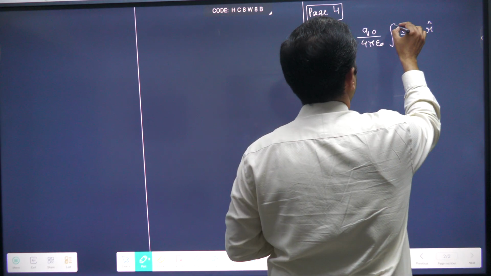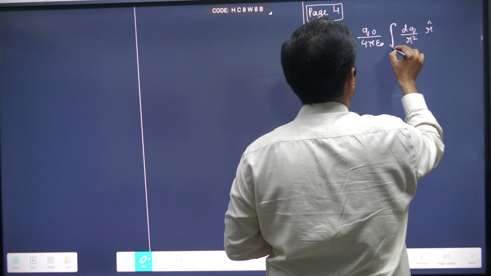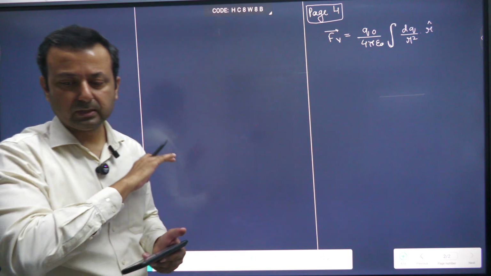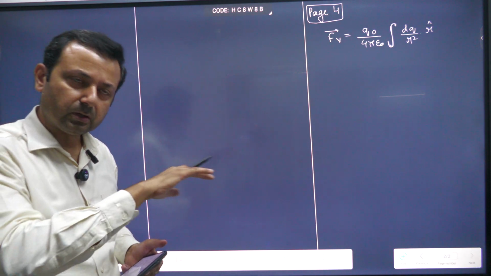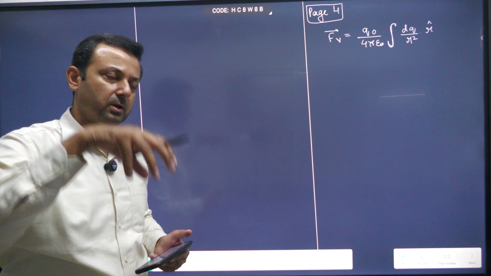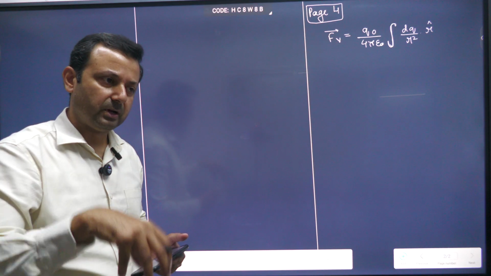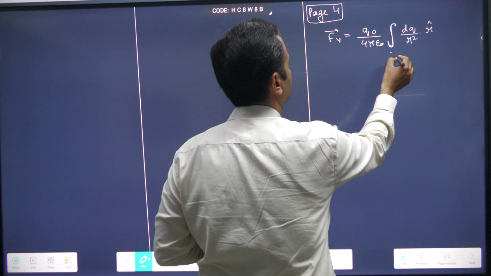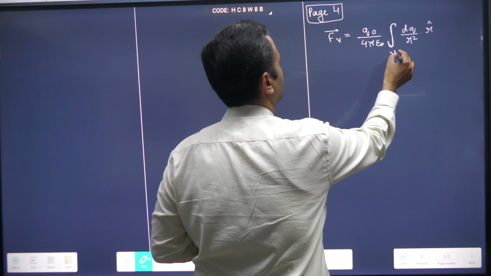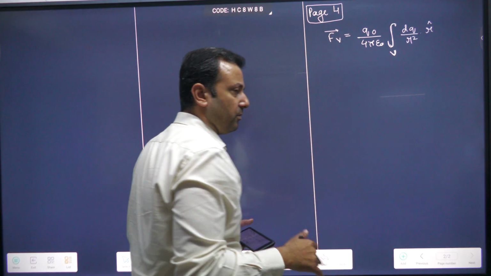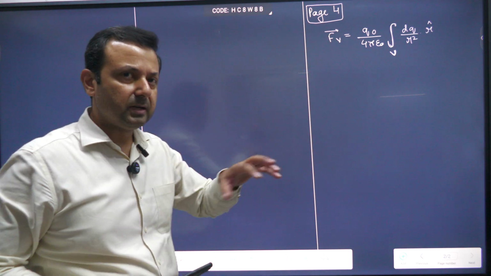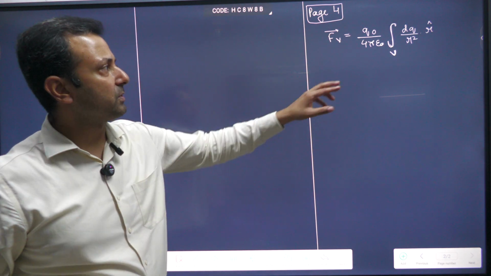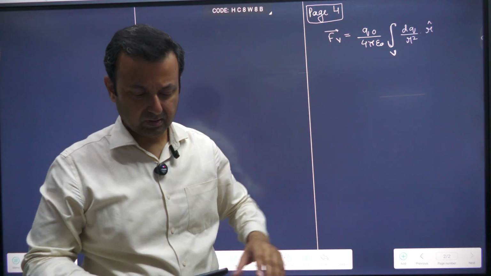As we are integrating, means adding up the charges which are distributed all around the volume, which are filled up inside the volume. So we are writing a small subscript V. V means volume integral. Volume integral means I am adding up all the charges which are filled up inside any volume. That's why I am writing this subscript V.